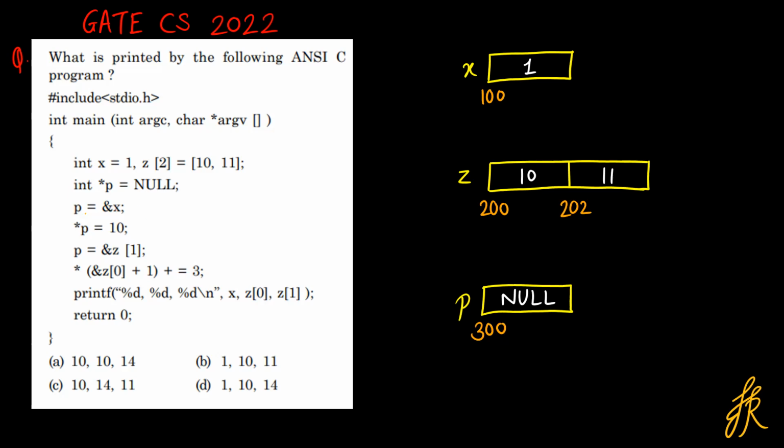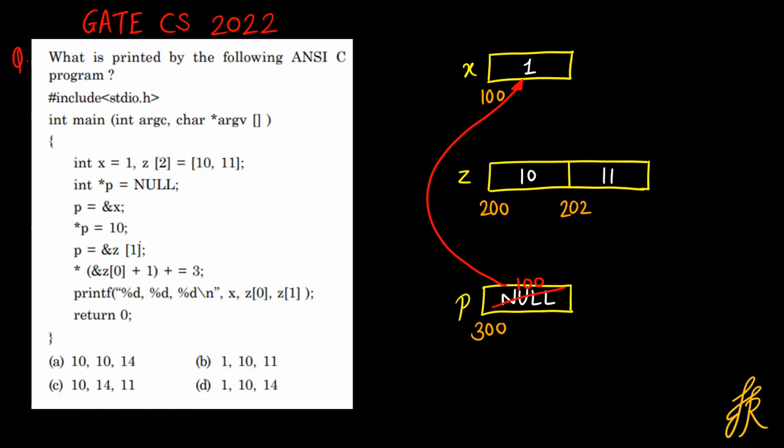Fine. Now p = &x. We are trying to store the address of this x, that is 100, in p. So we'll cut this and store 100. What will happen if we do it? It will point to this particular integer. That's it. Simple.